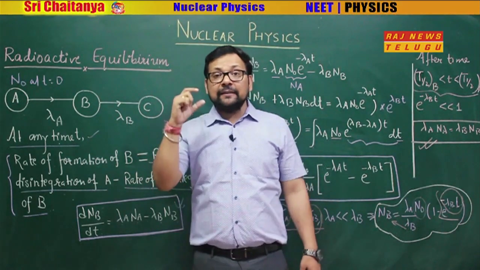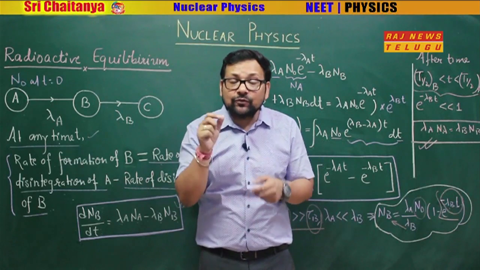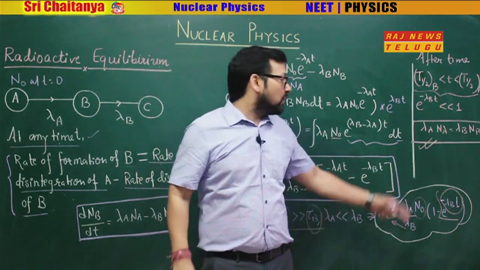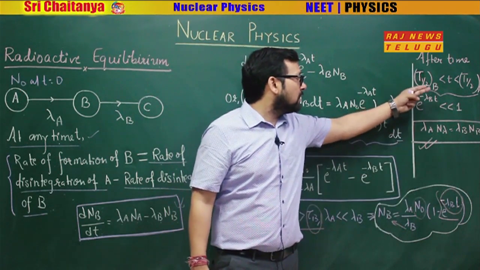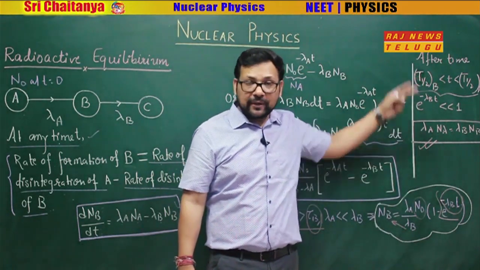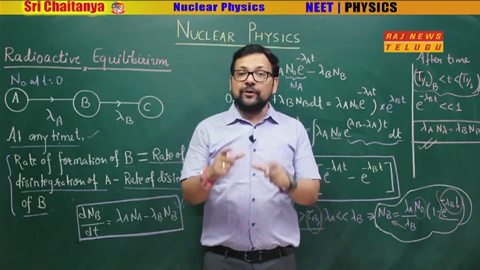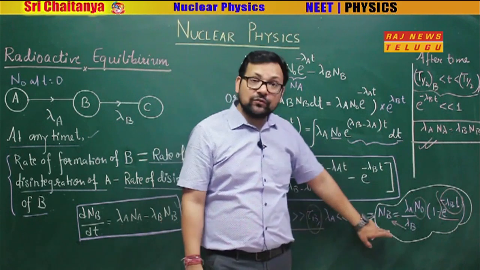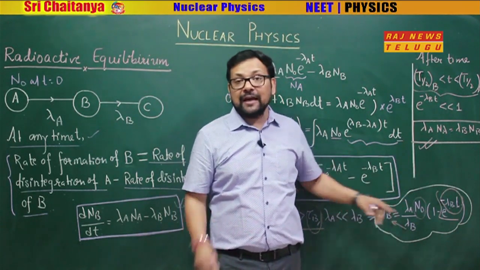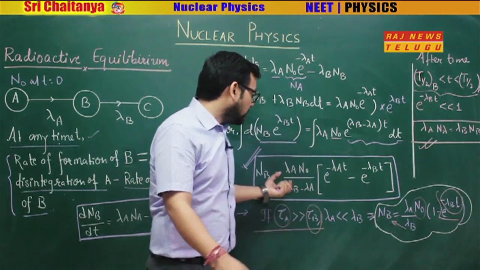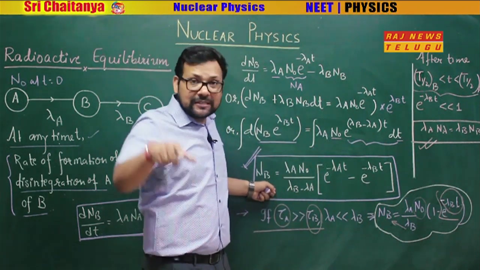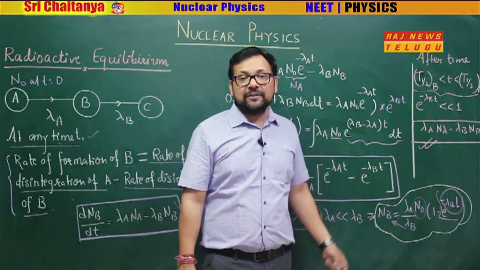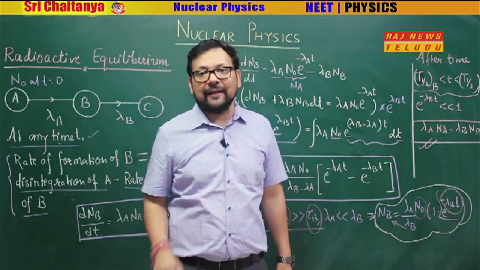But don't forget the actual time at which this equation can be applied, because in competitive exams, if time is not obeying this condition, then your answer will be wrong. So this is the condition of radioactive equilibrium, both at different conditions. And what is the raw formula? This box. So I suggest you first remember this box formula and then the two special cases you yourself form by writing it.